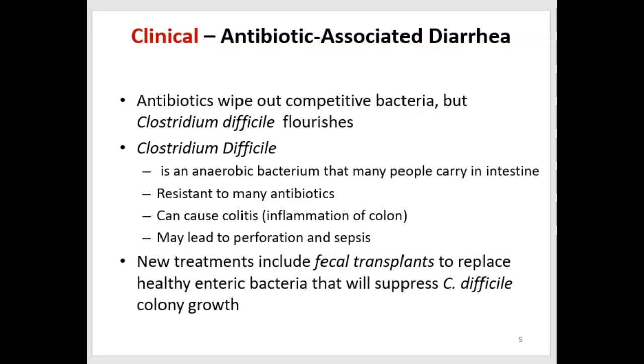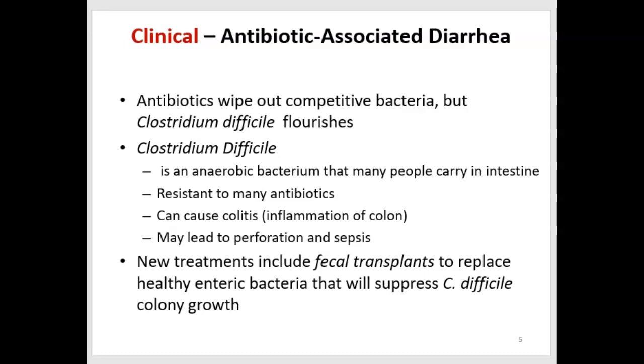So when a person takes antibiotics in large doses or for a long time, it can wipe out the competitive enteric bacteria that normally populate our gut. However, there is one type of bacteria that flourishes because it's antibiotic resistant. And this bacteria is Clostridium difficile.